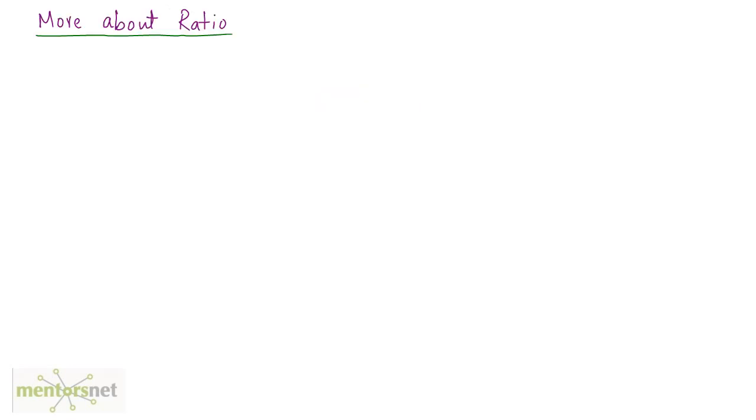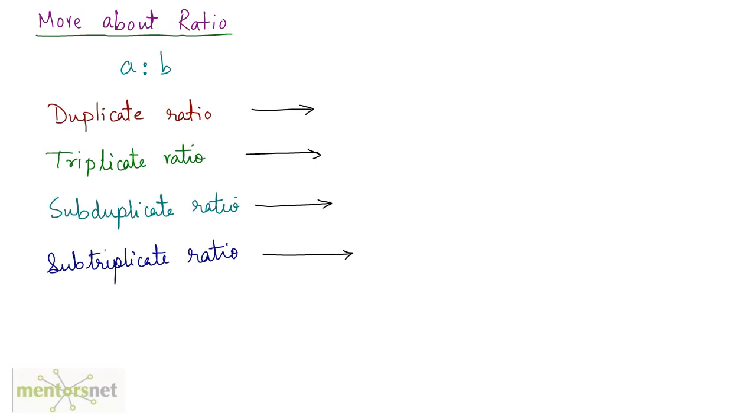Let us talk some more things about ratio. Let us assume that we have two numbers in a ratio. Let's say these numbers are a and b. These are some terms related to ratio and sometimes asked in examinations. The duplicate ratio of those two numbers is equal to the ratio of the squares of those numbers.